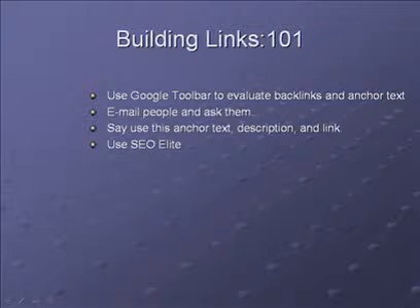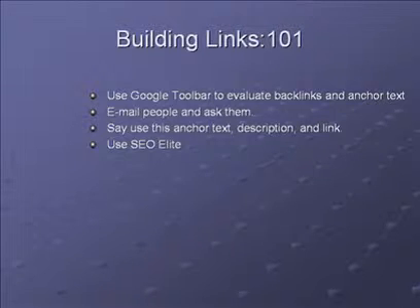As I mentioned, with the Google toolbar, you can use it as a means to see who is linking back to your opposition. So perhaps you can target those websites and say that they would be good link exchange partners. So that's one way of using it. Another thing, besides just doing research on who links back to who, is to email people directly.